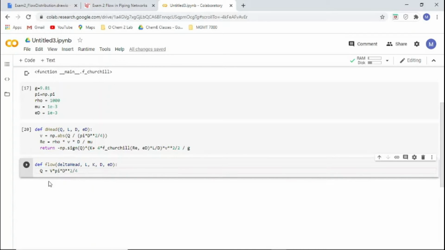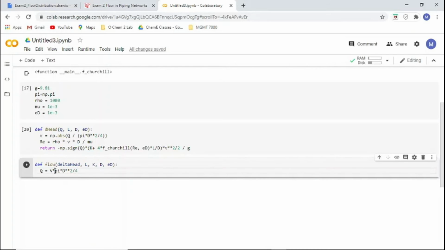Divided by 4. And we know our velocity, using the delta head equation to solve for velocity, is going to be the square root of the negative delta head times 2 times the acceleration due to gravity divided by K plus 4 times the Fanning friction factor multiplied by the length of our pipe divided by the diameter.